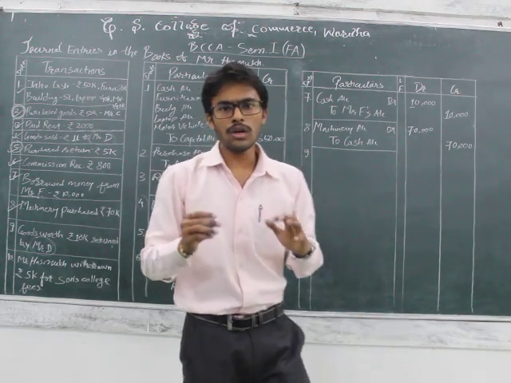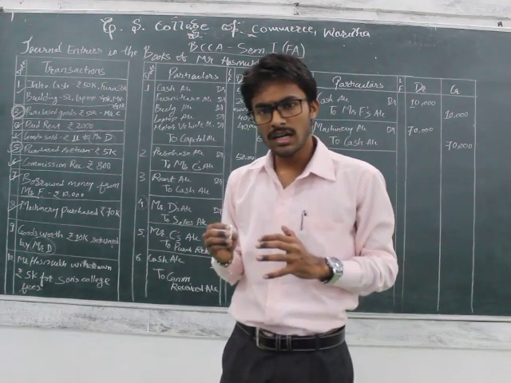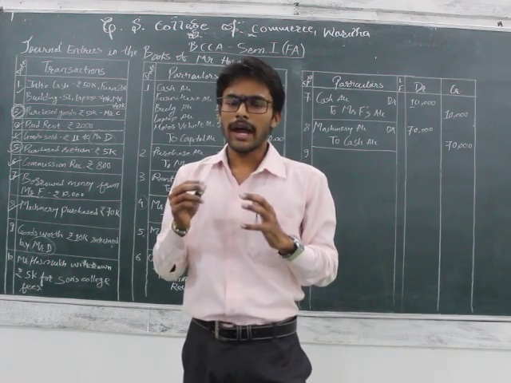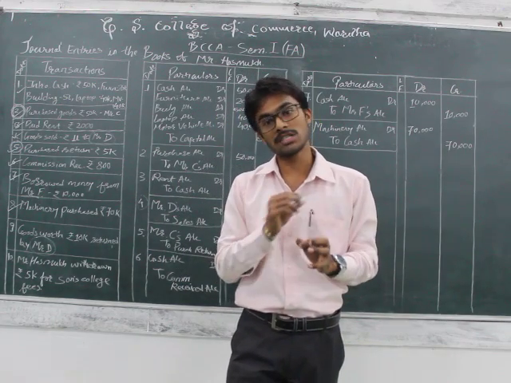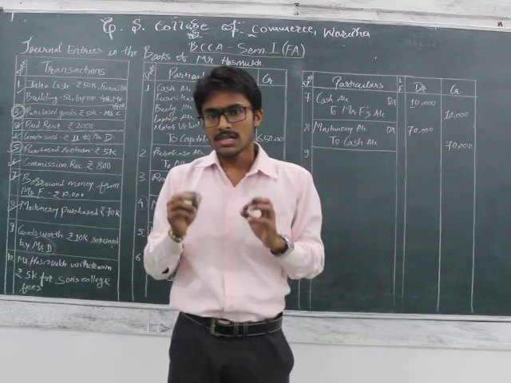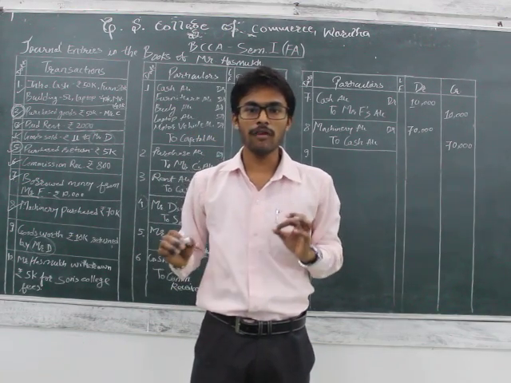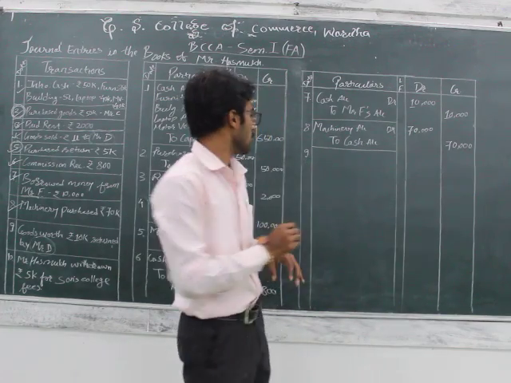We credited sales at the time of selling goods, and at the time of sales return we have to debit sales. So the sales account will be debited, but instead of the sales account we have to write here sales return account.